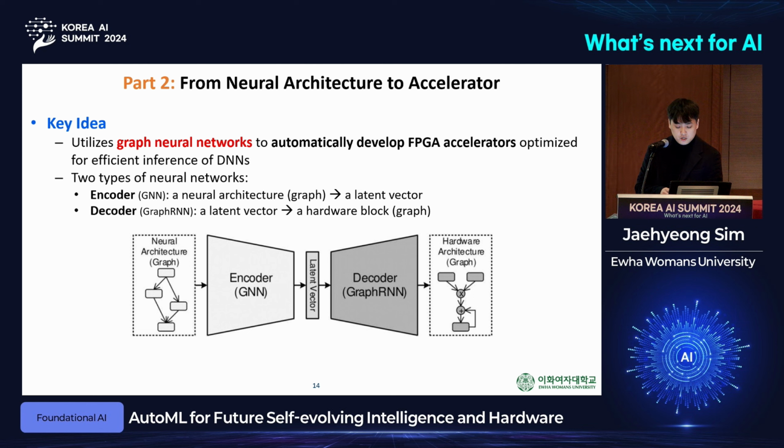So the node can be like a hardware block, and edge is a connection between them. So we built this kind of framework to automate hardware generation from the neural architecture in an end-to-end way.